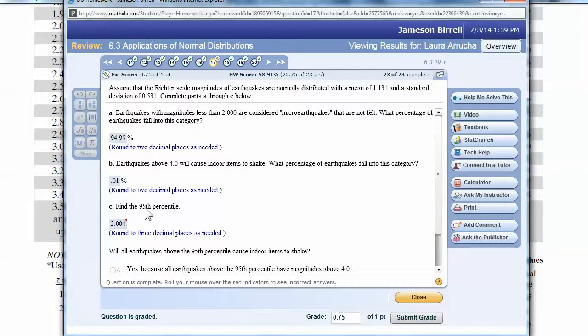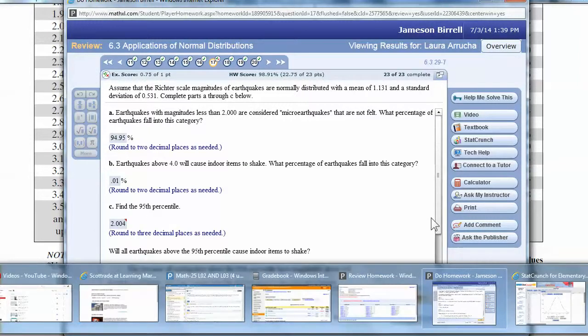That's referring to the bottom 95. If you don't remember percentiles, go back to chapter 3 where we learned about percentiles and quartiles and so on, and the 5-number summary.